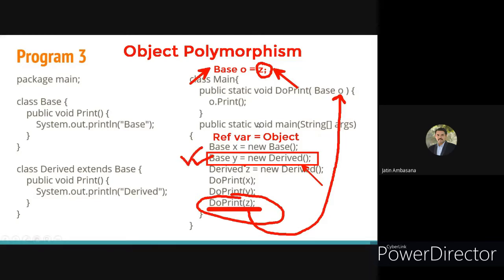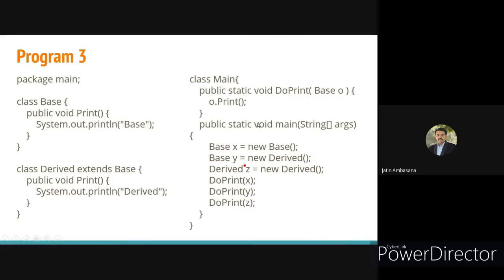So what will it print? Tell me, what will it print? Obviously x will print base. Then y: y is a base class reference, but it points to the derived class object, so it will obviously print derived.